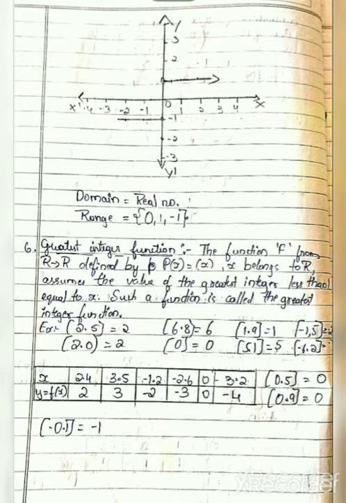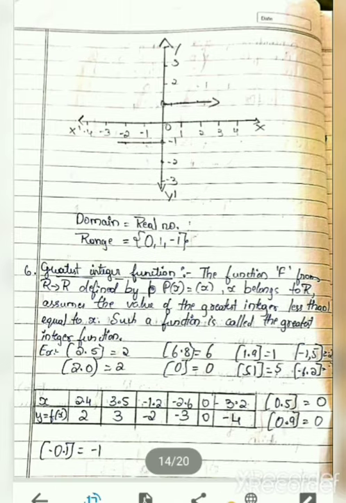Next is 1.9. The greatest integer less than 1.9 is 1. Minus 1.5: the greatest integer less than minus 1.5 is minus 2. It is not minus 1, it is minus 2, and so on.